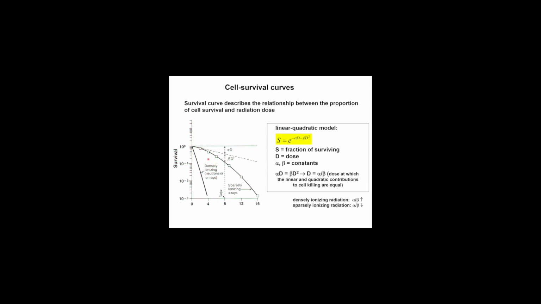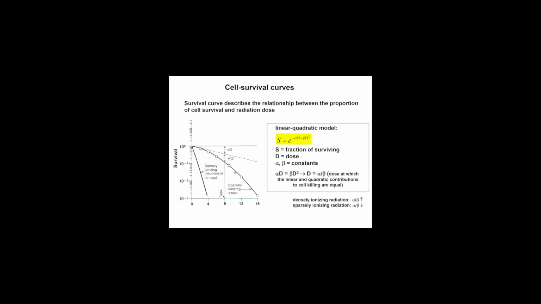I'll talk about that in a moment, but I just wanted to note that nobody ever talks about alpha beta ratios for neutrons or alpha particles, because for densely ionizing radiations, the alpha is so very, very high. The beta is not 0, but it's approaching 0. So the alpha beta ratio is outrageously high. You can't even see it on this curve. Whereas for low LET radiations, you can actually see a distinct alpha beta ratio here.